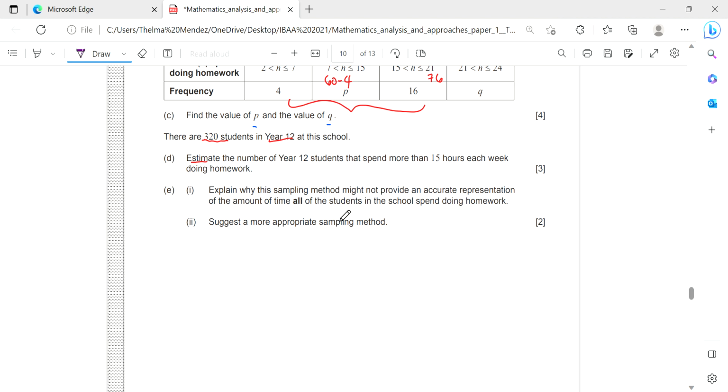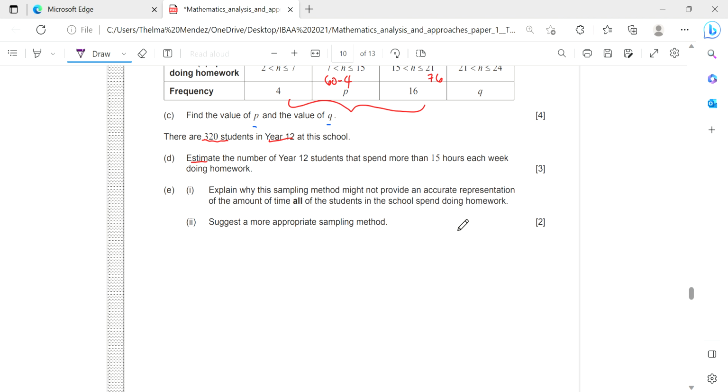Or you could also say the kind of homework for different levels in that school may not be the same.